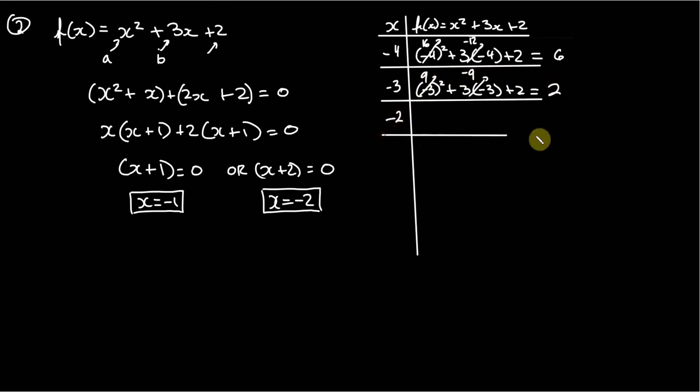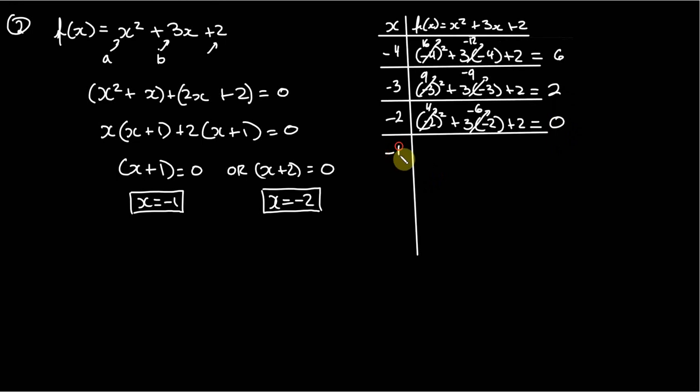Now we have x equals -2, so it's -2 squared plus 3 times -2 plus 2. -2 squared is 4. 3 times -2 is -6. 4 minus 6 is -2, plus 2 is 0.